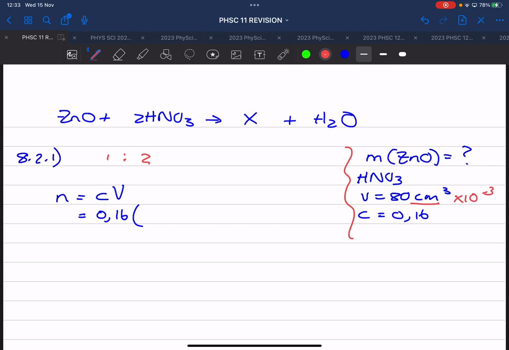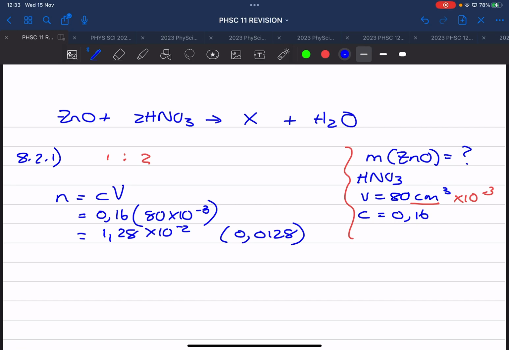So you have to divide by 1,000, nee? Okay, en dit gee vir jou 1,28 maal 10 tot die mag minus 2. That's the same as 0.0128. Yes.